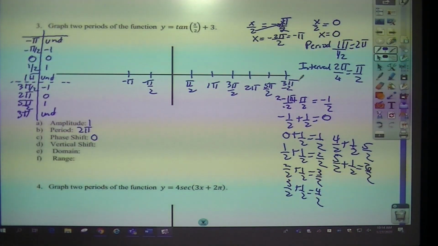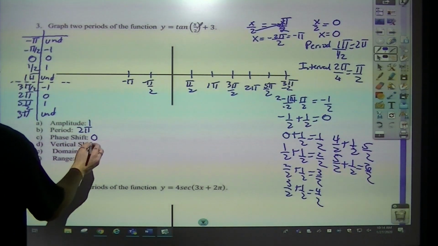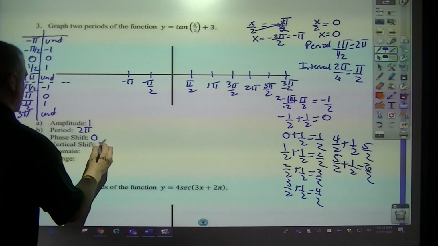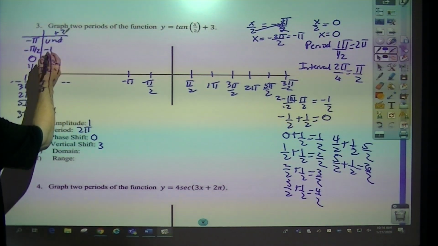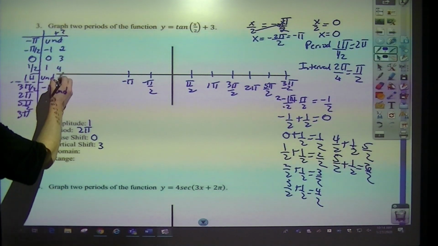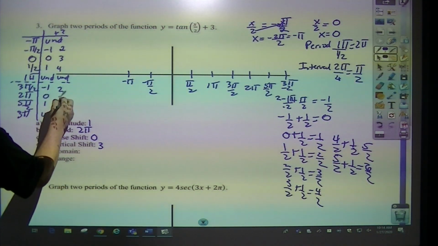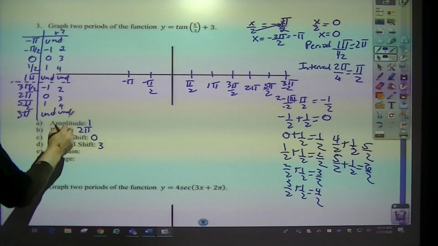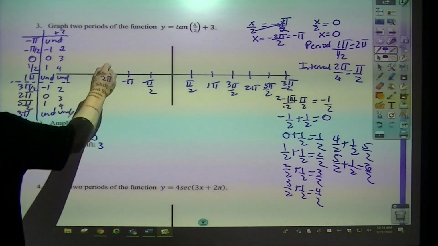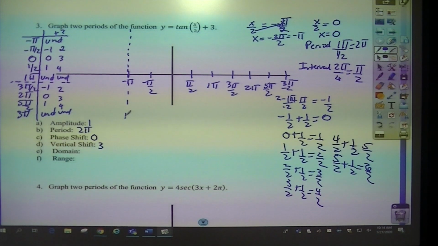The other thing that's going to happen is my vertical shift here is 3, so I would add 3 to these. The undefined stay, so this will now be 2, 3, 4, still undefined. 2, 3, 4, still undefined. So at negative pi, I'm undefined.